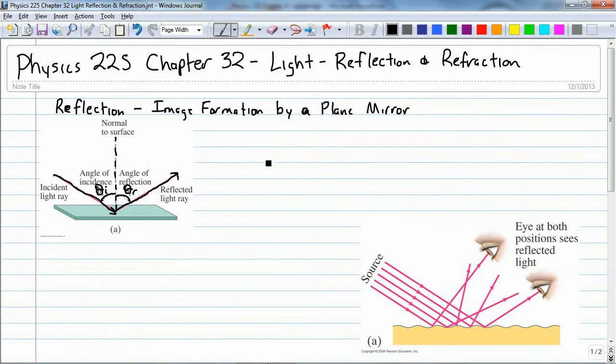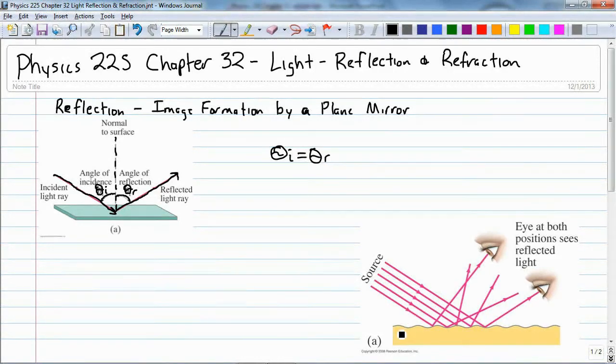So based on this diagram, we see that theta I, the angle of incidence, is equal to theta R, the angle of reflection. And if we have this smooth surface, we would be able to see an image off of that surface.